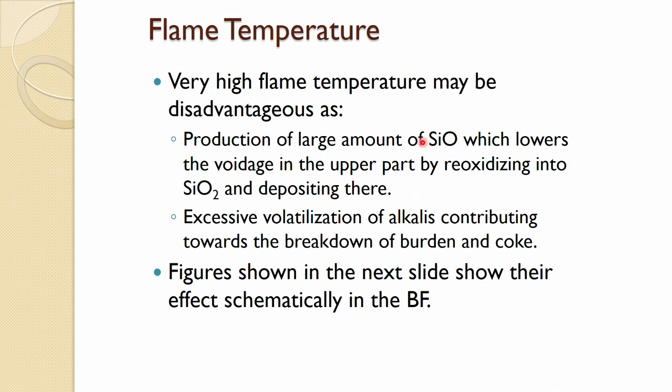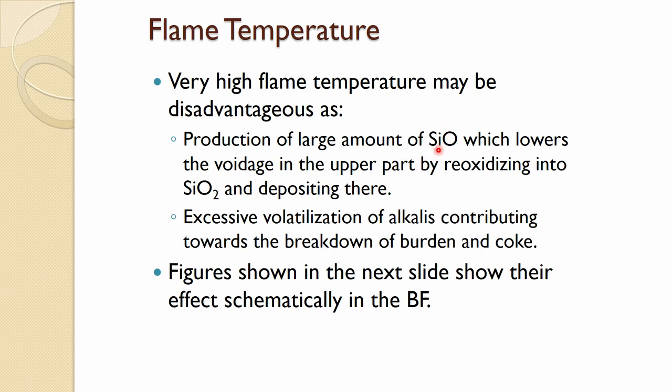We had discussed that at high temperature SiO is formed when we were talking about the silicon transfer reaction. This SiO lowers the voidage in the upper part by reoxidizing into SiO2 and depositing there. And we did mention that SiO is not that much useful.